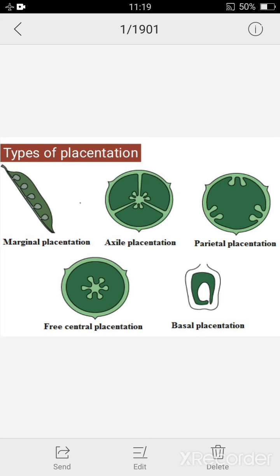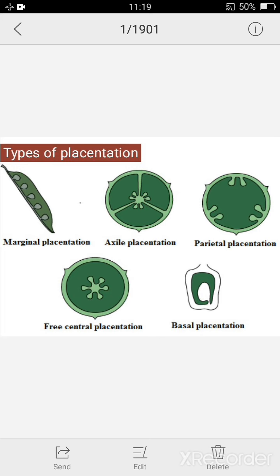All the ovules are attached to one single ridge which is present at the edge of the ovary, forming two rows. Understood? So this kind of arrangement can be seen in pea plants and bean plants, known as marginal placentation. The name itself indicates marginal placentation.